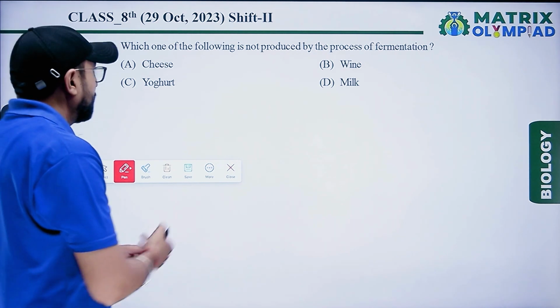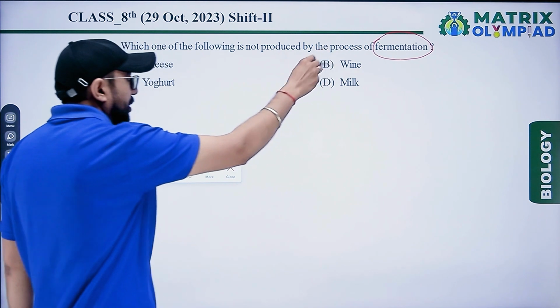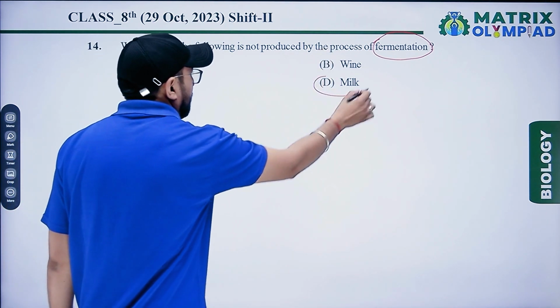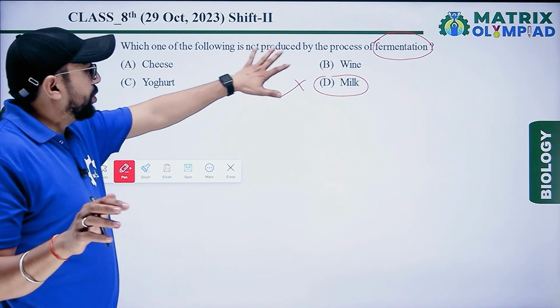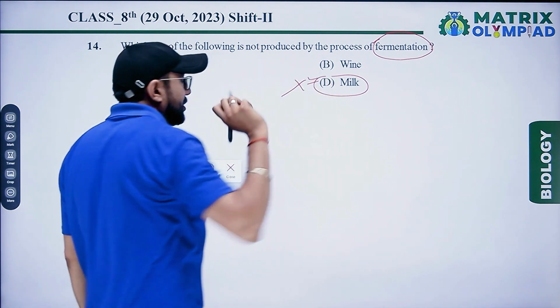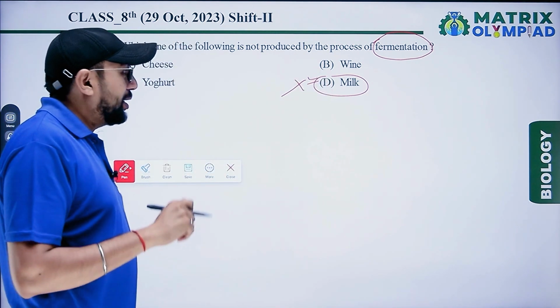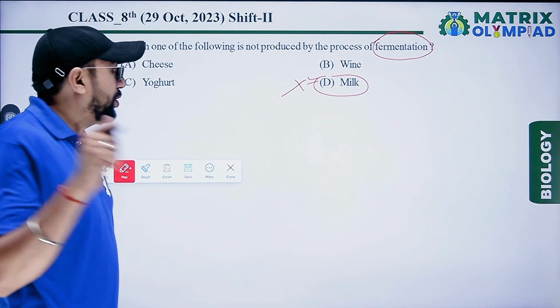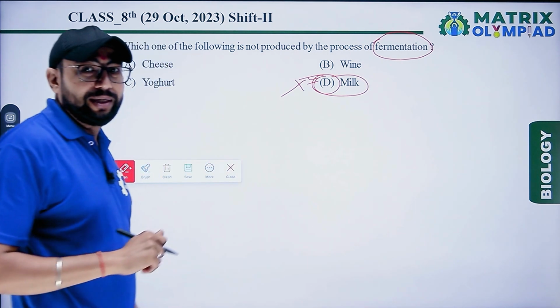According to the question, the fermentation process result. Milk is not, meaning to say not produced by fermentation is milk. That is the right answer for this question because it is natural, not by fermentation. So the right answer is D.